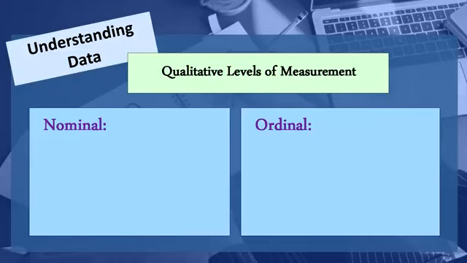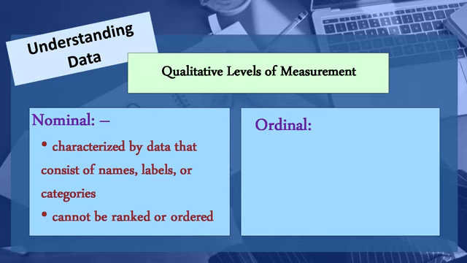When we say qualitative data, we have two types of levels of measurement: one is nominal, another one is ordinal. The nominal level of measurement is characterized by data that consists of names, labels, and categories only. It cannot be ranked, cannot be ordered, and there is no difference between the categories.